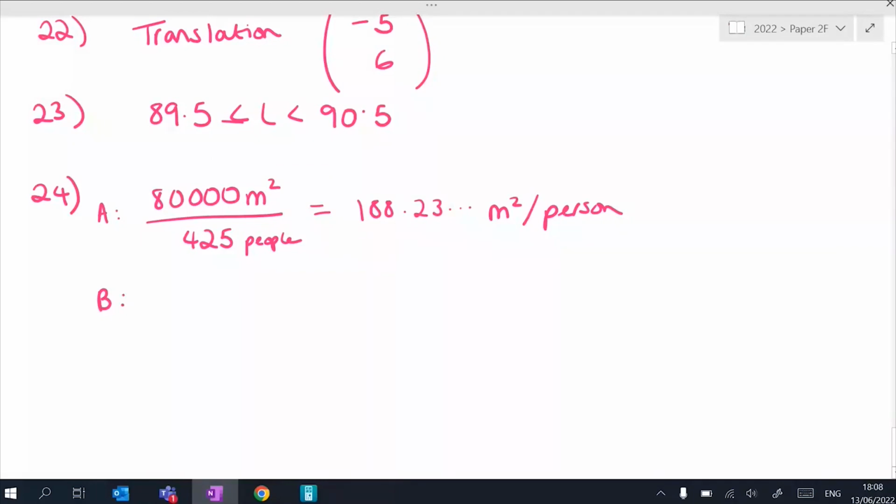I've then got Festival B. So I've got to work out the area myself, which is not too hard. So 700 by 2,000. And dividing this one by a lot more people, 6,750.